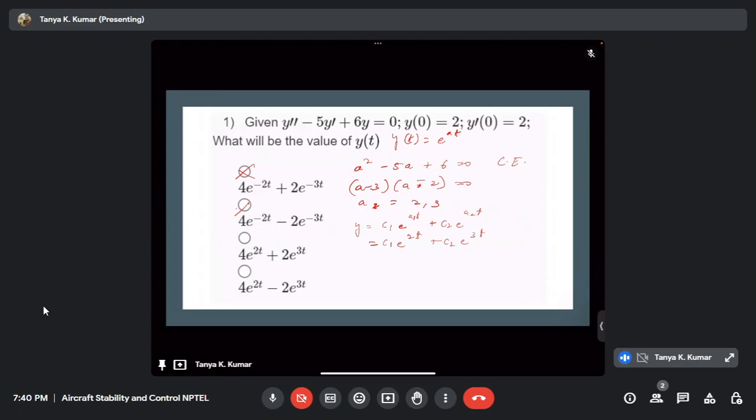I hope you have solved it. Can you tell me what c1, c2 are? Just substitute the initial conditions, y(0) and y dash, to find c1, c2. You get two equations and two variables, c1, c2, and you can find them.